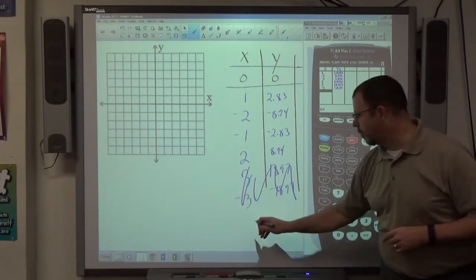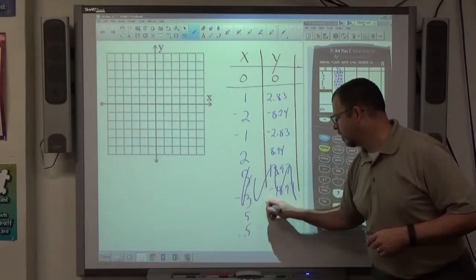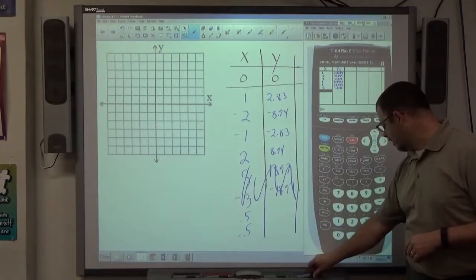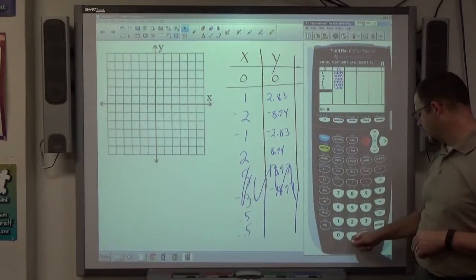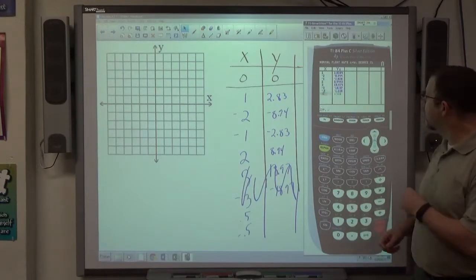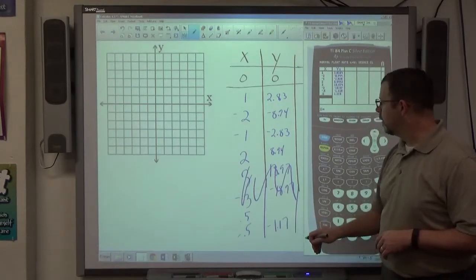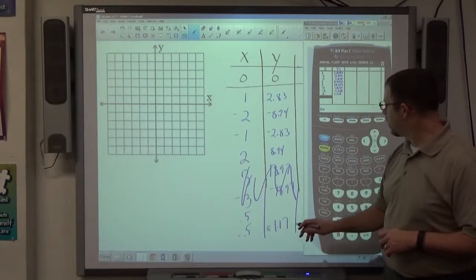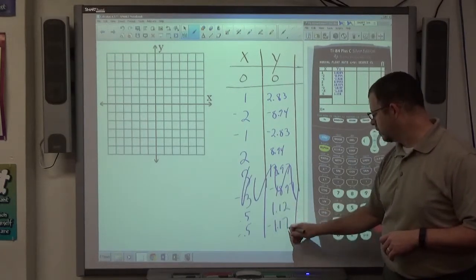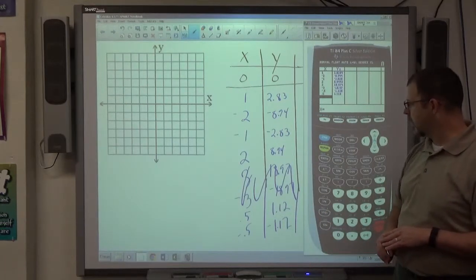Maybe if I picked like a 0.5 and a negative 0.5. It doesn't matter what I pick for x because my calculator is evaluating for them anyway. So negative 0.5, 0.5, negative 1.12, and positive 1.12. That looks more reasonable, right?